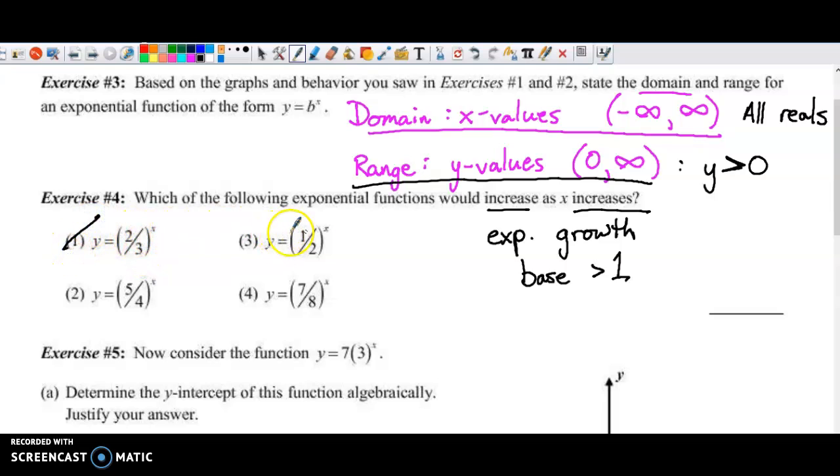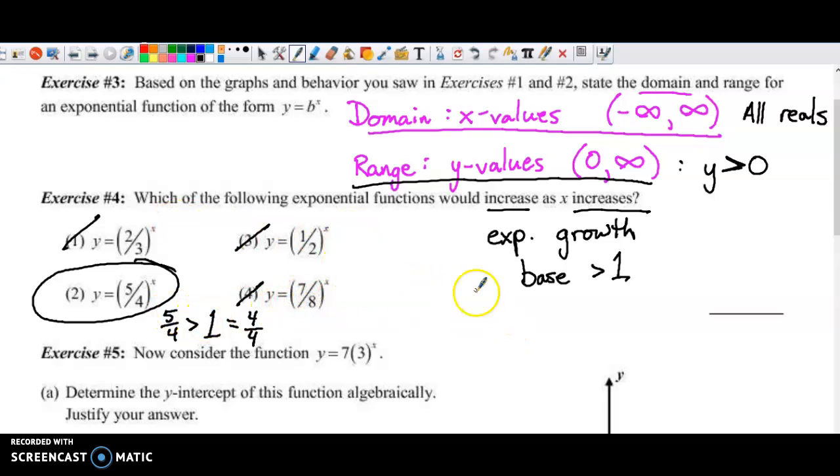No. Is 1/2 bigger than 1? No. Is 7/8 bigger than 1? No. But 5/4 is. 5/4 is greater than 1. And if you're confused what I mean by that, well, 1 is equal to 4/4. All right, 4 divided by 4 equals 1, and 5 is bigger than 4. The rest of them would be smaller than 1, so that's why option 2 is correct.